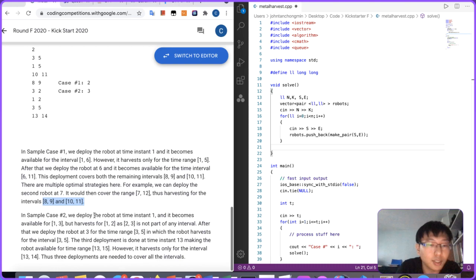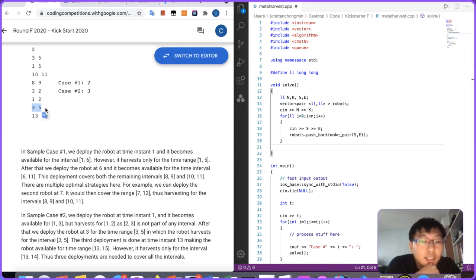That's harvesting for the intervals 8, 9, 10, 11. Okay, so in case 2, we deploy a robot at instant 1, available for 1, 3, because it's only available for 2. Okay, so I guess these are the intervals that you want your robot to cover. Actually, we can do it greedily, isn't it?